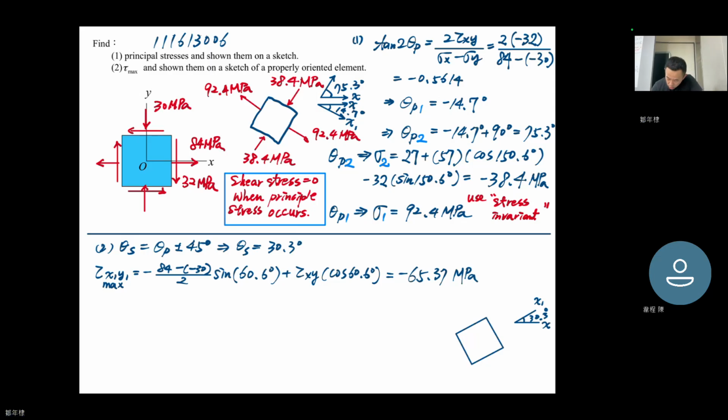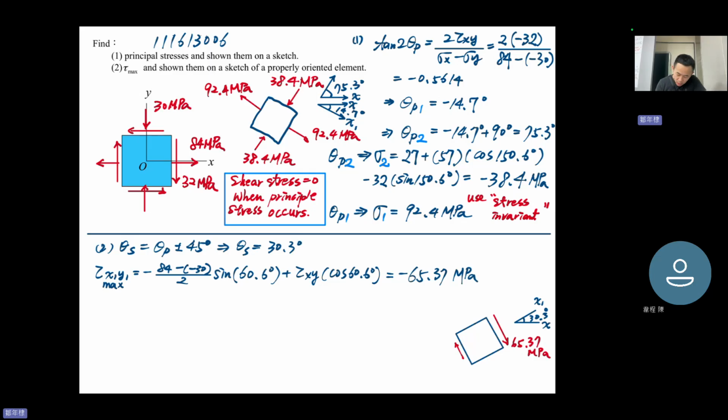So you can quickly get this direction, right? Because this is the positive x1 plane with minus y1 direction, you will get 65.33 MPa in the minus direction. Now if you determine this shear, no problem.